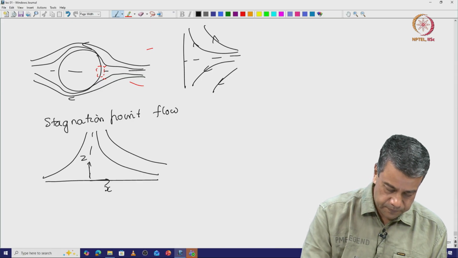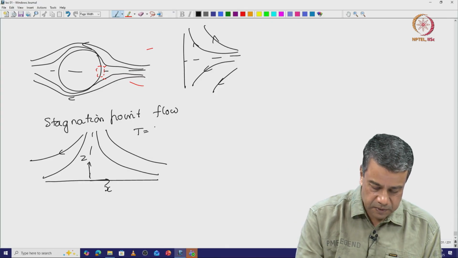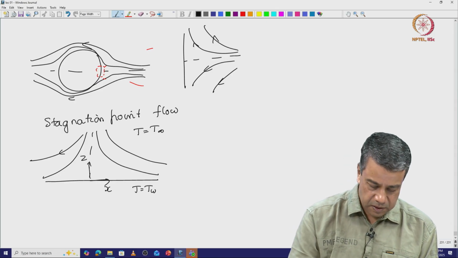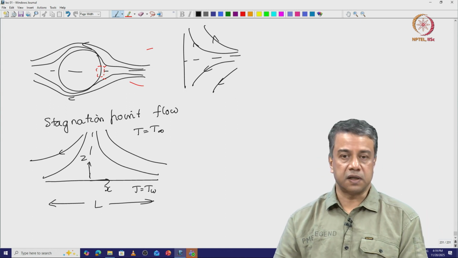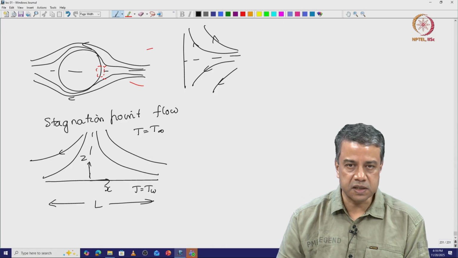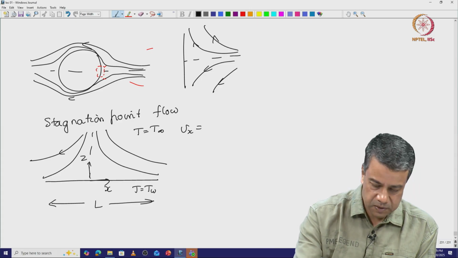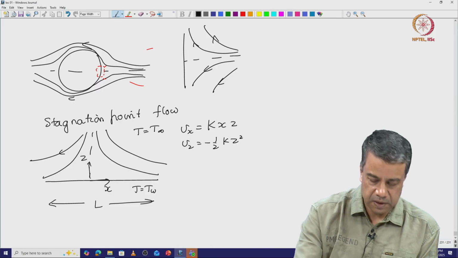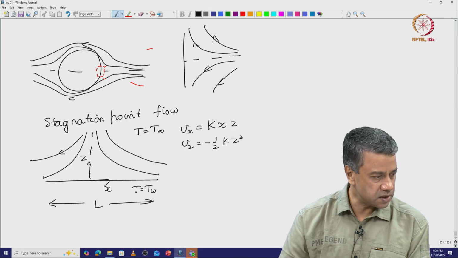And we have temperature T equal to T infinity far from the surface and T equal to Tw on the surface, a heated section of length L. How can we calculate the heat flux and the temperature field using a similarity transform, where the velocities are approximately given by Vx equal to some constant k x times z and Vz equal to minus half k z square? That is the approximation for the velocity close to the surface.